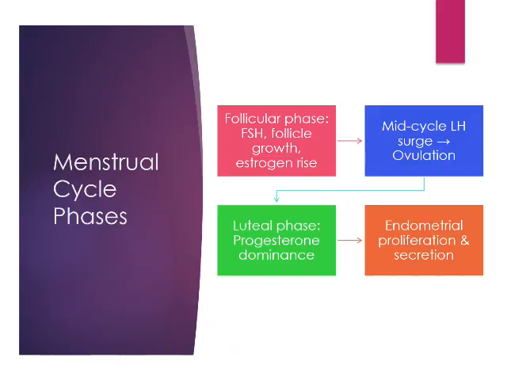Menstrual cycle. The menstrual cycle has 3 cycles. One cycle happens in the endometrium. Another cycle happens simultaneously in the ovary, and the third is the hormonal cycle.